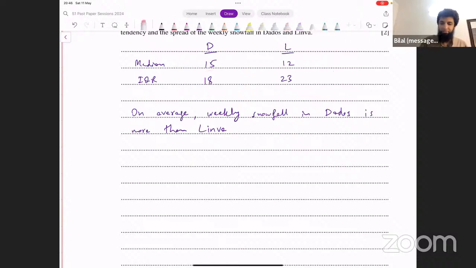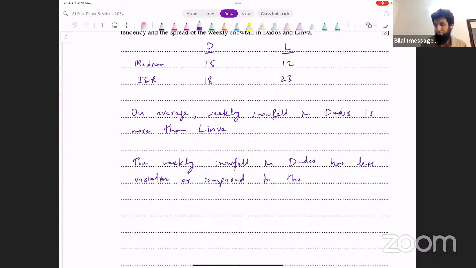You would say the weekly snowfall in this first result is less varied, or you can say has less variation, as compared to the other one. Right? Because this number is higher, that means its spread is more. This is what you could write here.